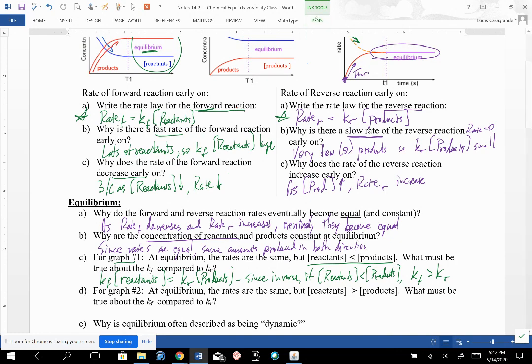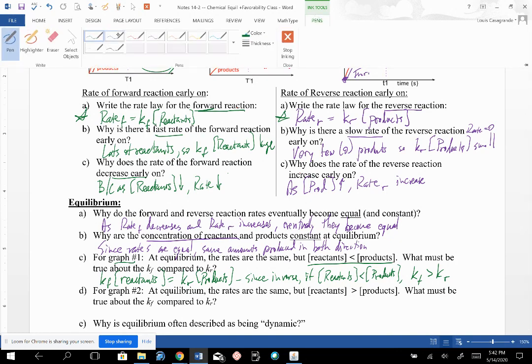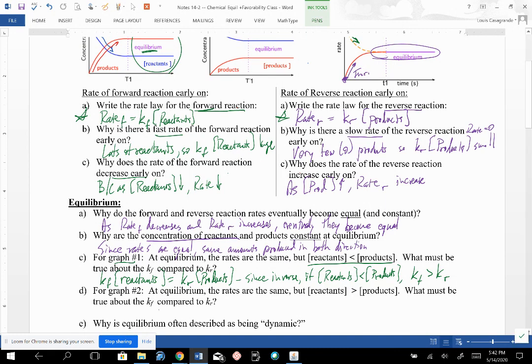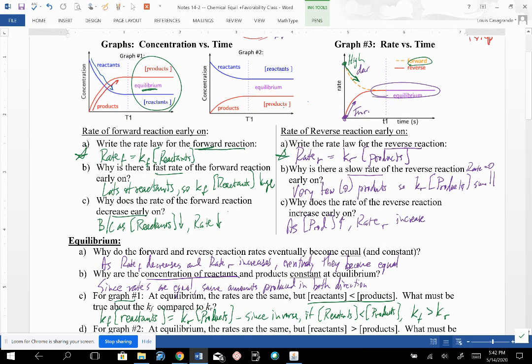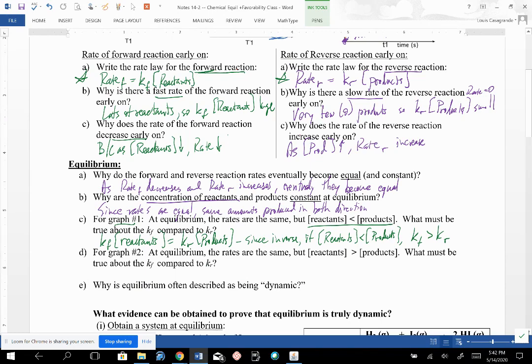In graph number 2, let's switch colors. Graph number 2, we're going to start from the same process, but now notice in graph number 2 that the reactants have a higher concentration than the products. So, as in letter C up above, if the concentrations of the reactants are greater than the concentrations of the products, then the reverse must be true of the rate constants.